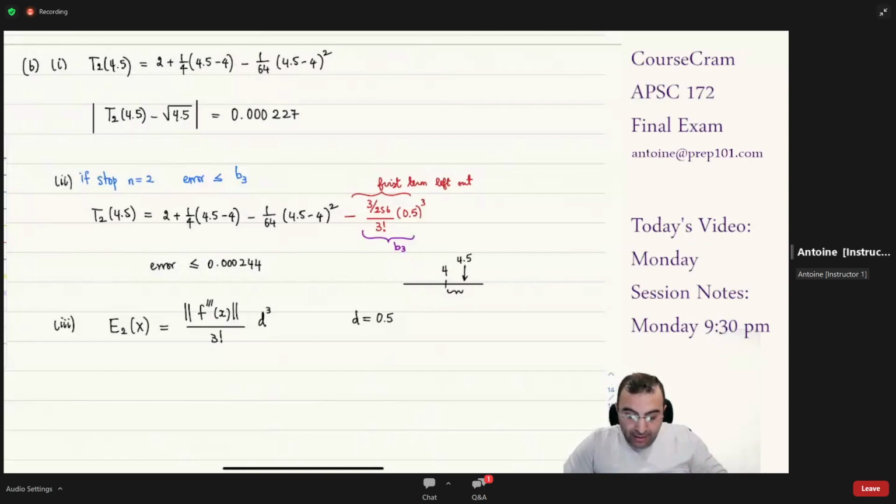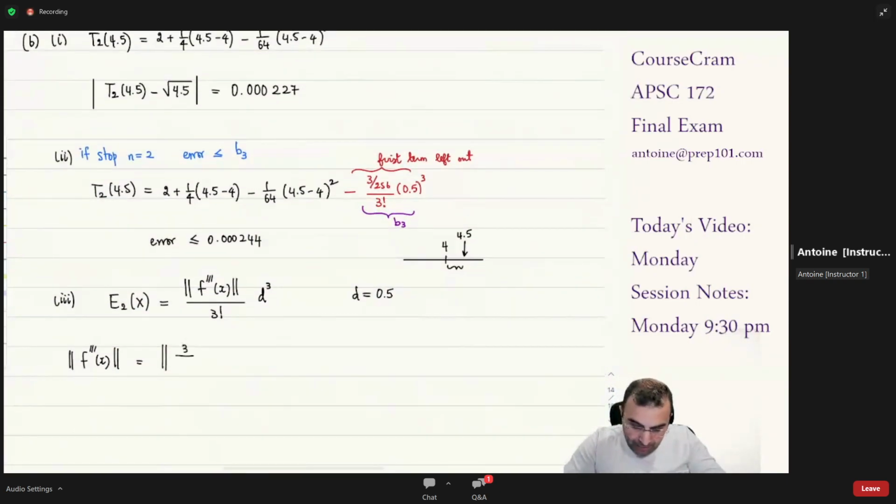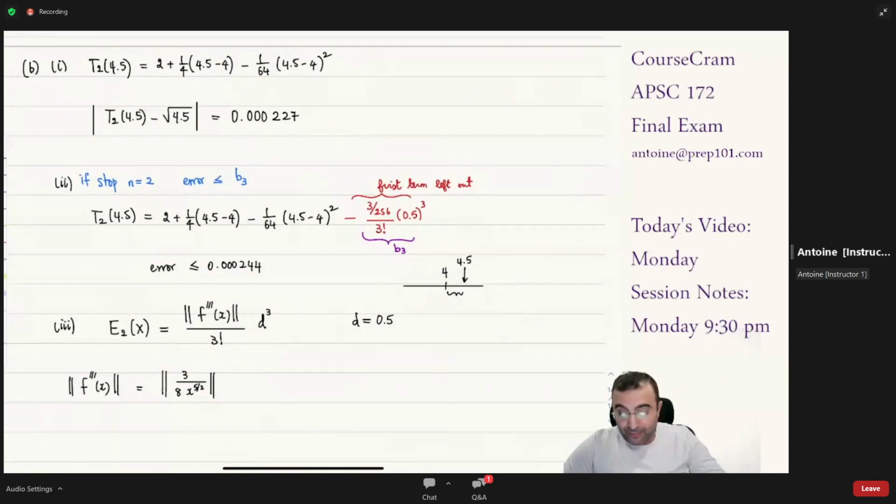Great. Now this is f cubed of x. Please be careful. This is the maximum value that 3 over 8 x to the 5 over 2 can take on the interval.